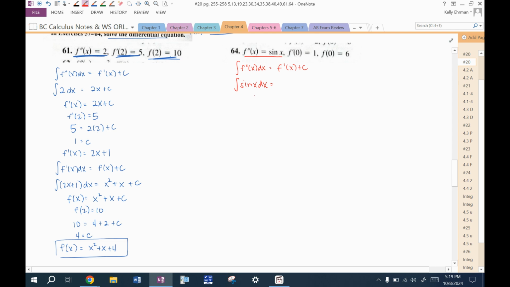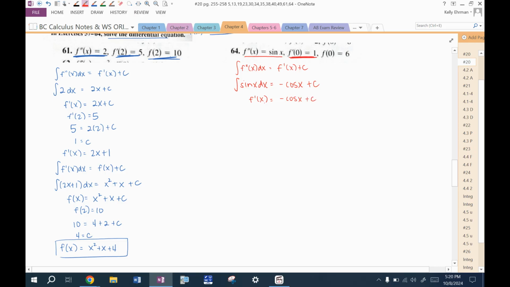And remember, you're saying, okay, what sine is the derivative of what? So it would be negative cosine x plus c, right? Because the derivative of negative cosine x is negative sine, so positive sine x. So f prime x is equal to negative cosine x plus c.